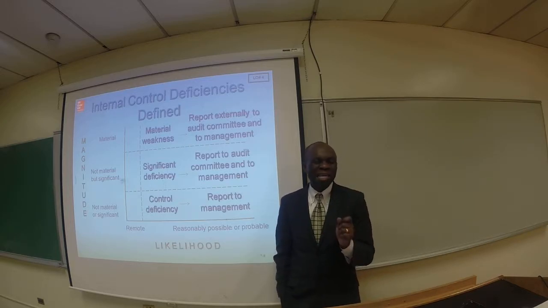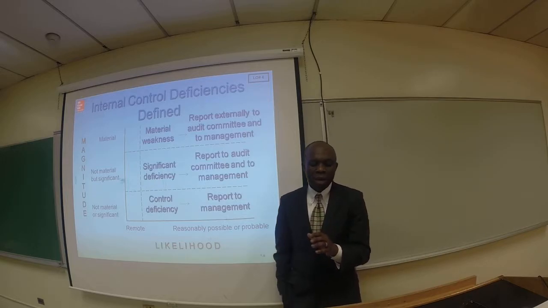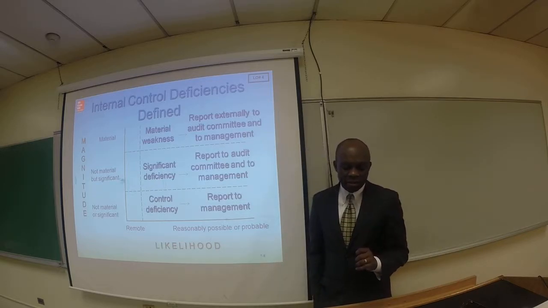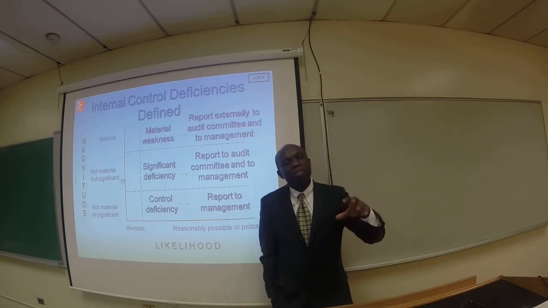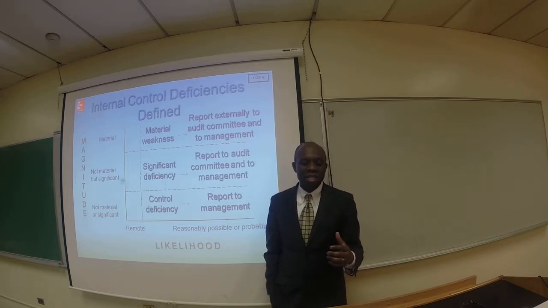Now recall, in intermediate accounting, we talked about the 3 classifications of contingent liability. Contingent liability deals with a liability that is contingent upon an event happening or not happening. And we said that we have 3 possibilities.